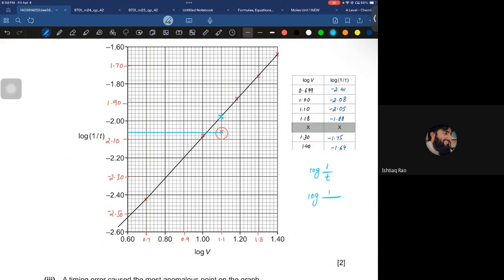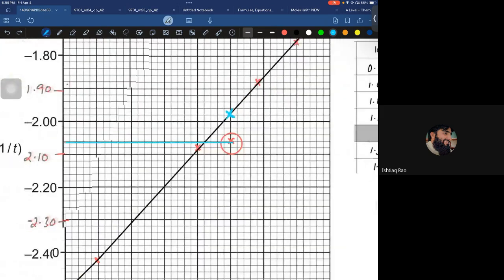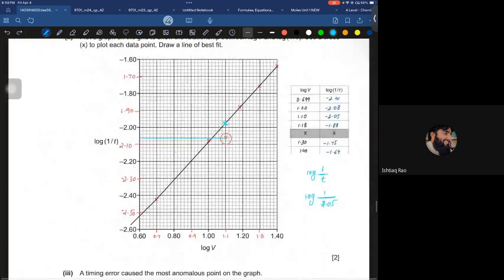The point was 1.1, 2.05. So 1 upon 2.05. Its value should be around 1.95. If you solve this, you would see that the point would be over there. The point would be online.